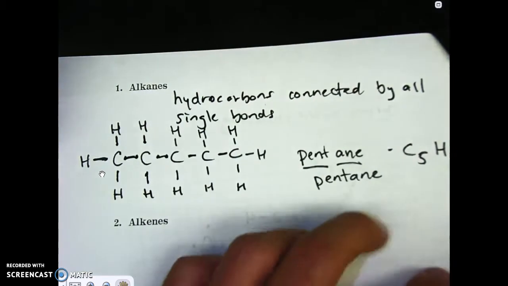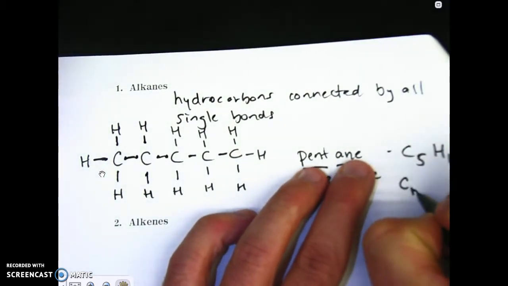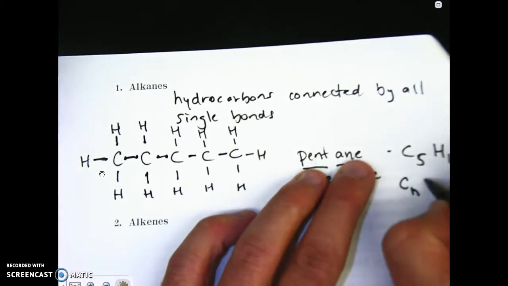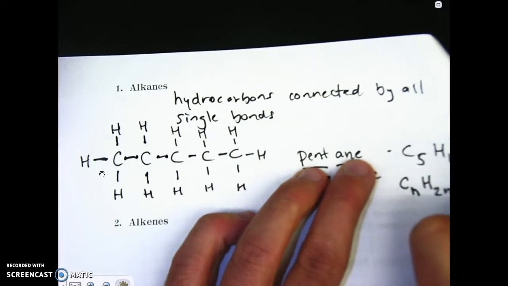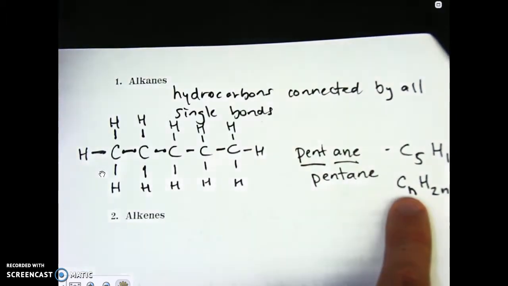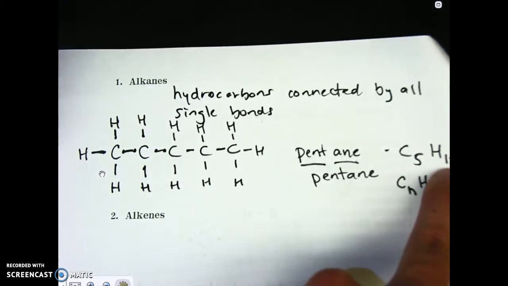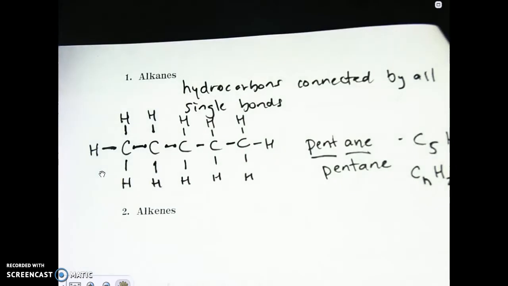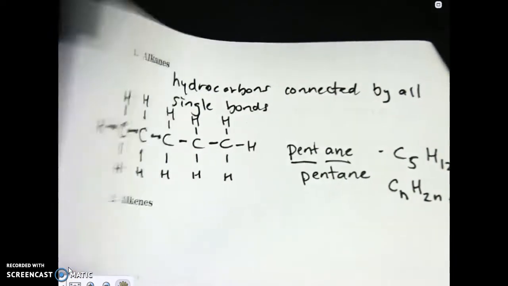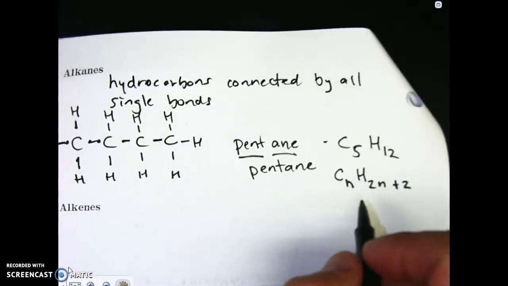If you do more of these, what you'll start to realize is there's a generic formula where the subscript or number of carbons that are in the carbon chain, what you will do to figure out the hydrogens, double the number of carbons and add 2. So for example, 5 times 2 plus 2 is 12. So there is the formula. Slide that over so you can see the C5H12.